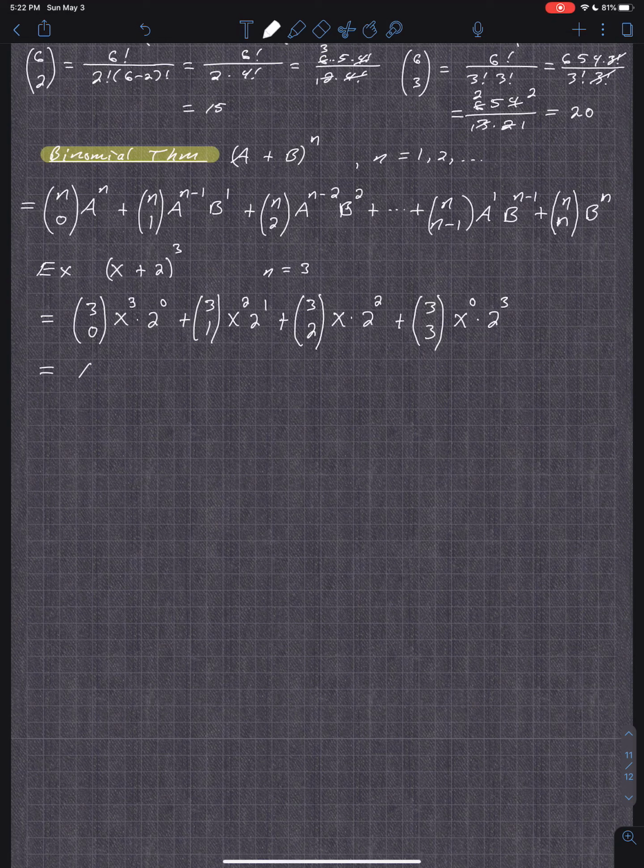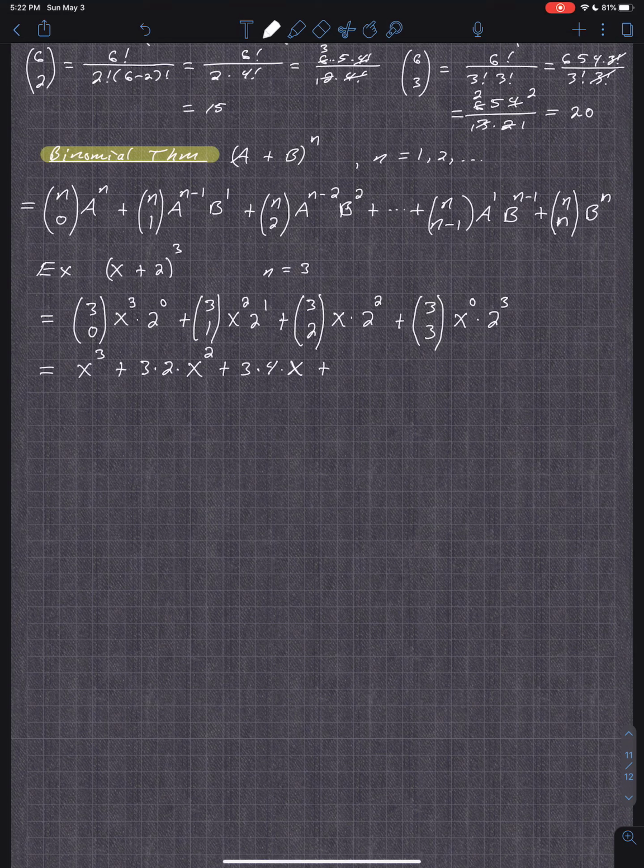So this is just x cubed, and this is a plus. And then 3 choose 1 is just going to be 3, and then times the 2, x squared, plus 3 choose 2, well that's just 1 less than 3, so that's got to be 3 as well. And then times 4, 2 squared is 4, times x.